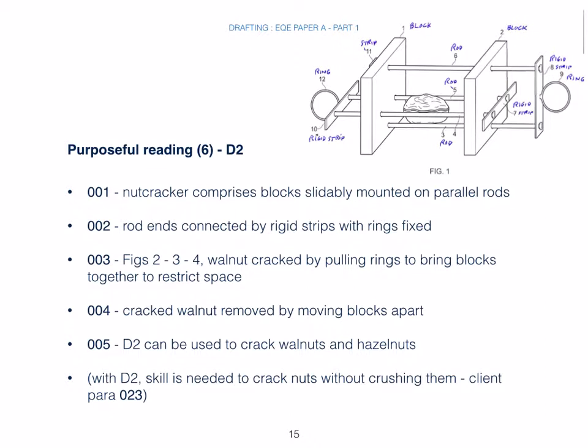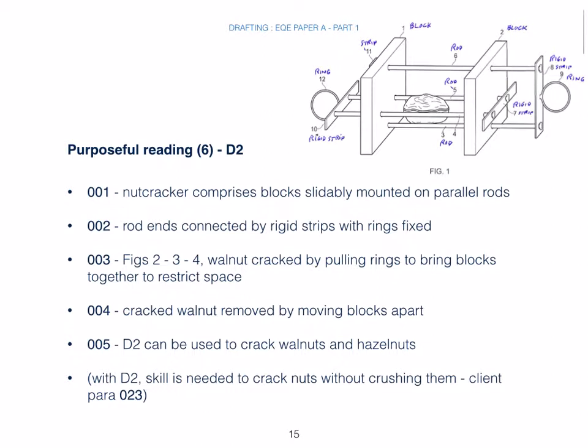Starting with paragraph 1, this article describes a nutcracker. Figure 1 shows a perspective view of the nutcracker. Figs 2 to 4 show side views of the nutcracker. The nutcracker comprises 2 blocks, 1, 2, and 4 parallel cylindrical rods, 3, 4, 5, and 6.